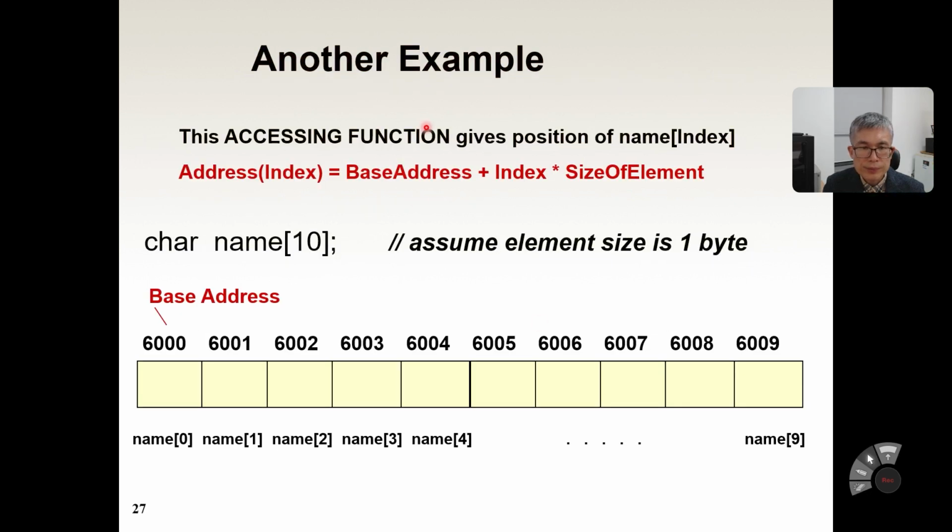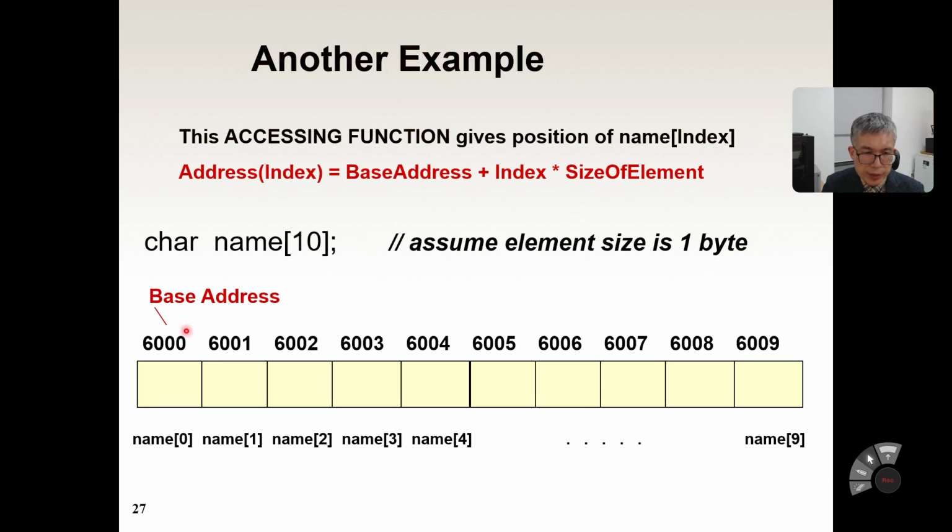Another example: this accessing function gives the position of a name index, okay? The address of an index of the array is the base address plus the index multiplied by the size of the array element. So in the character array case, the character size is 1 byte, okay?